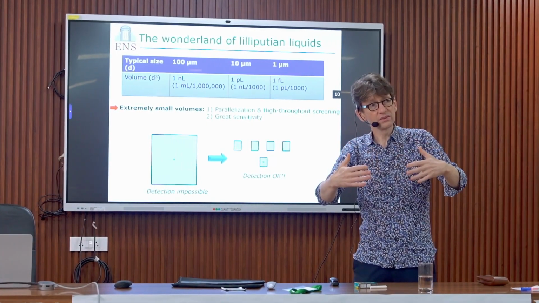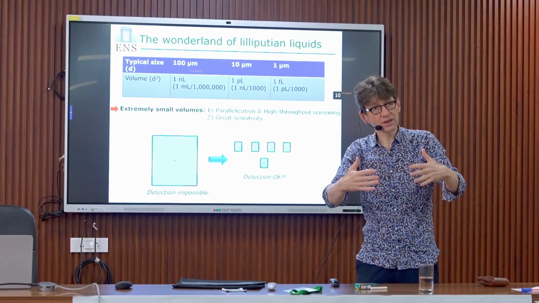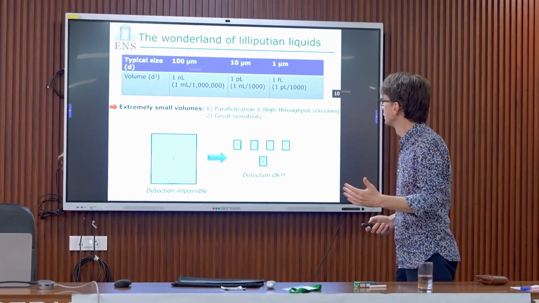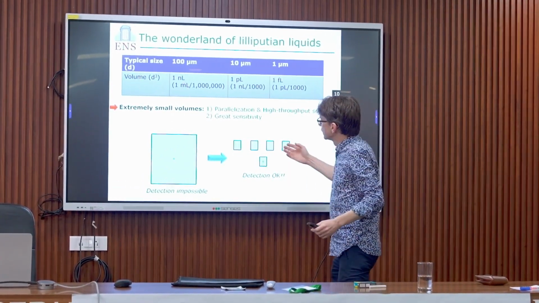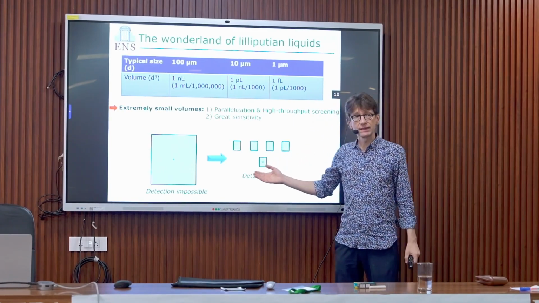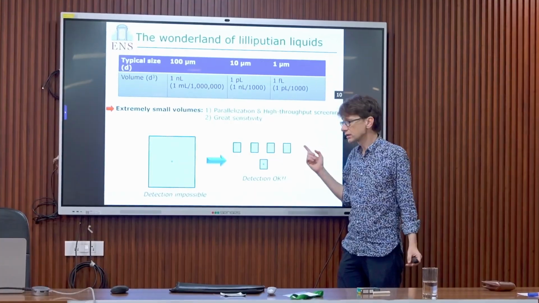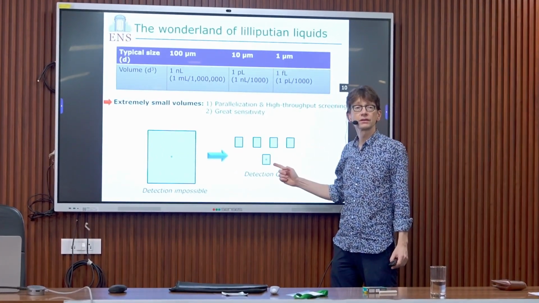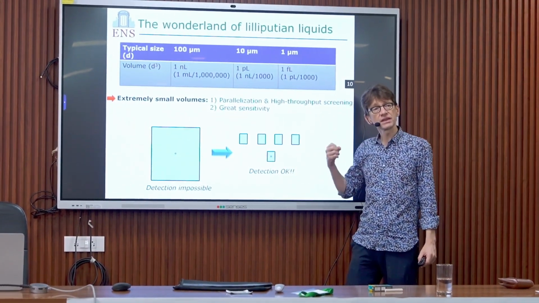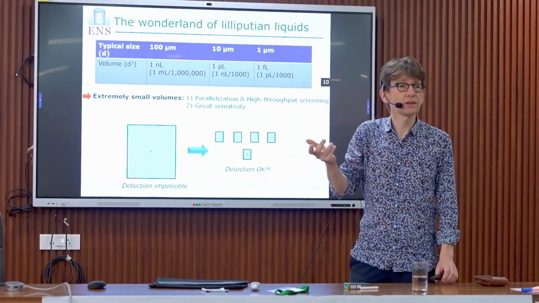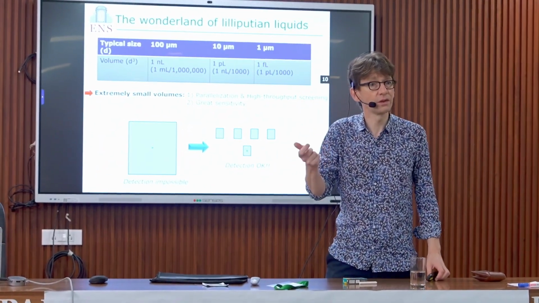So how do you deal with reasonable concentration when you have a small number of molecules? You just decrease the volume. So if you have compartmentalization like that, here I have zero concentration, but here I have a high concentration. And if I am sensitive to concentration, like many things, like when you measure a pH, you are sensitive to concentration, not to number of molecules.